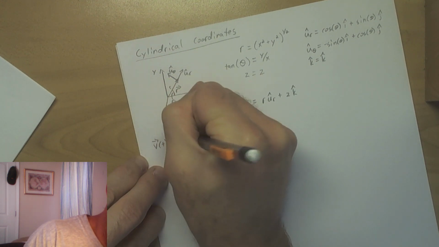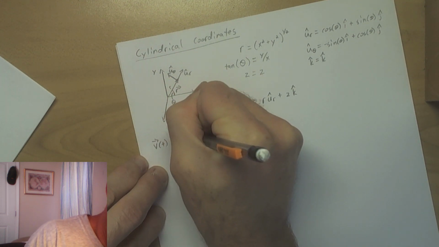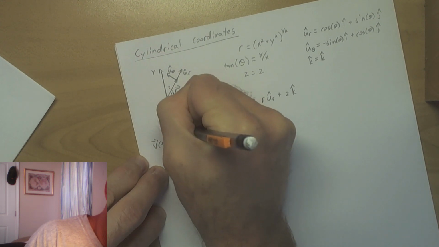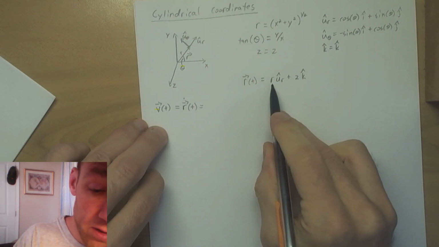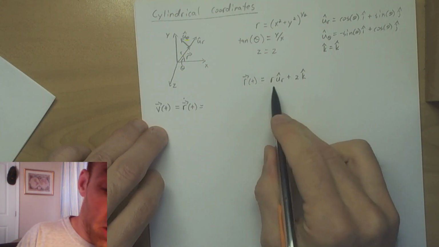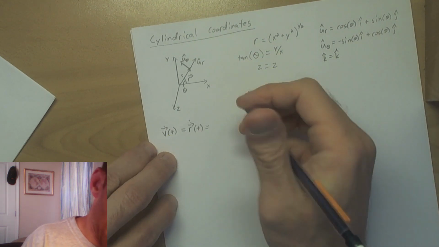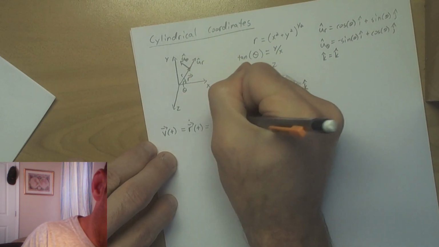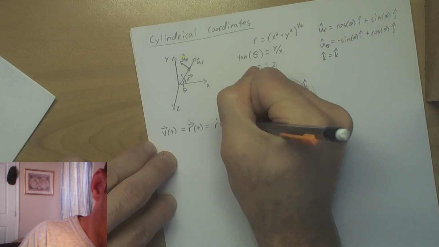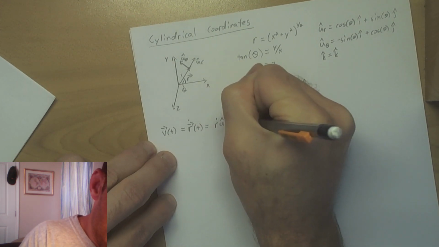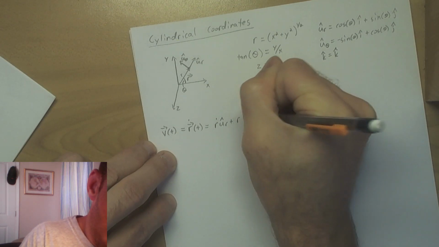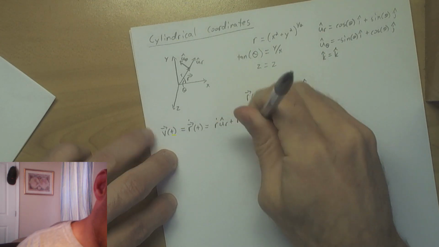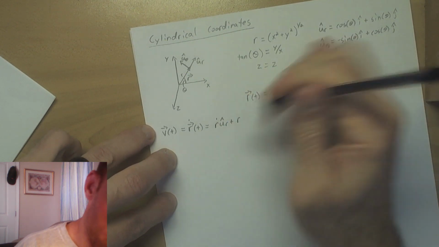That's just the time derivative of the position. So we have a product here, so we apply the product rule, so we'll have r dot u sub r plus r times u sub r dot, the time derivative of u sub r.